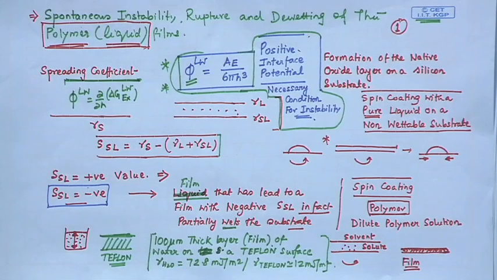It actually gives you an idea how the excess free energy of a thin film changes with change in the film thickness. So, because of this fluctuation, there is a change in the local thickness of the film, and as a result, the excess free energy also changes.